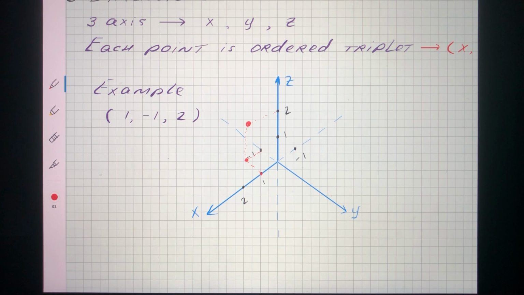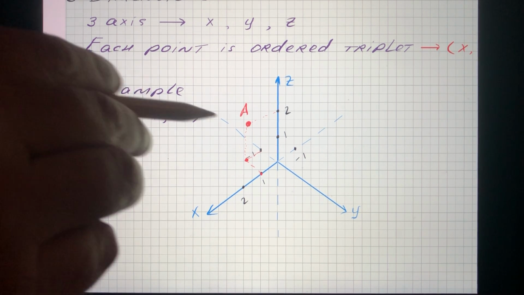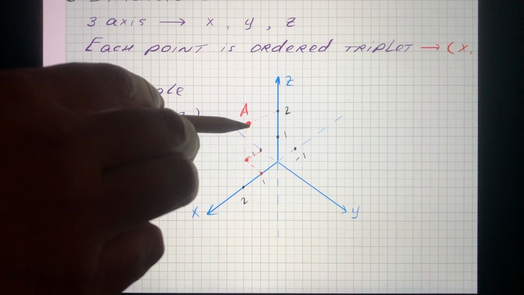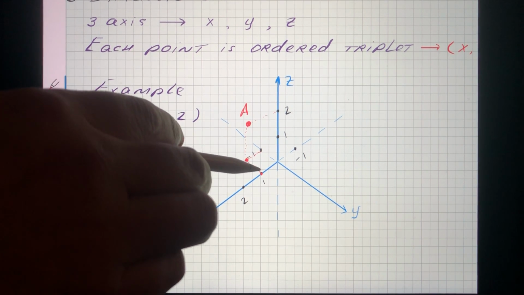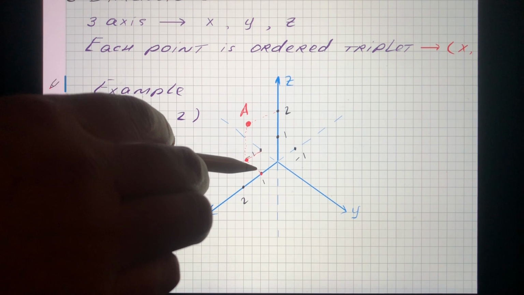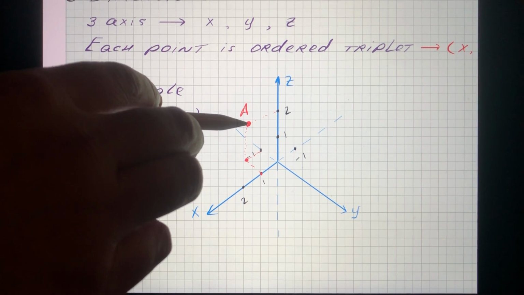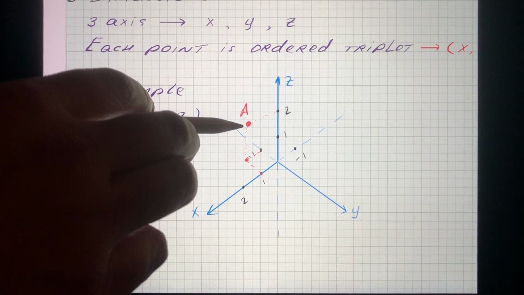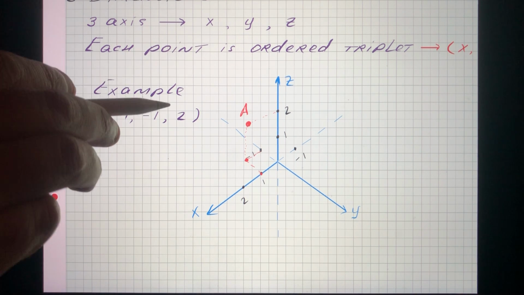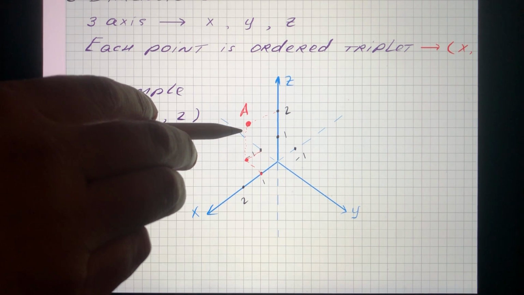So this is our point. We can call this point A, and this is its final location. We can erase the dotted lines because they were just the guiding lines to get us to our final location. But they help us because our plane is actually 2-dimensional, but the sketch is 3-dimensional, so we're missing 1 dimension.